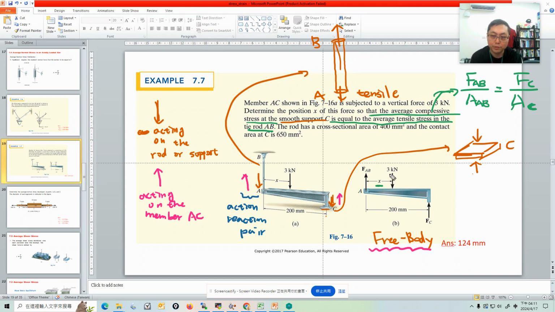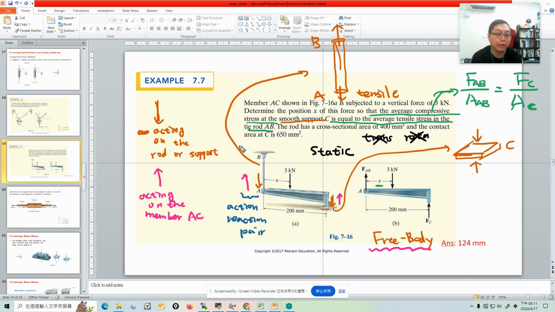Don't worry about that, because like I said, in this mechanics of materials course, everything is statics. No translation, no rotation.